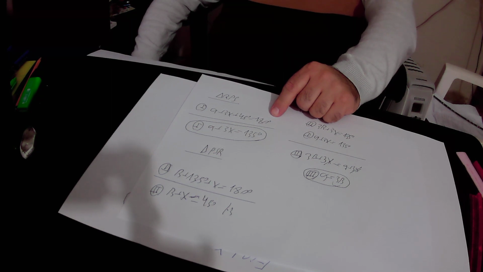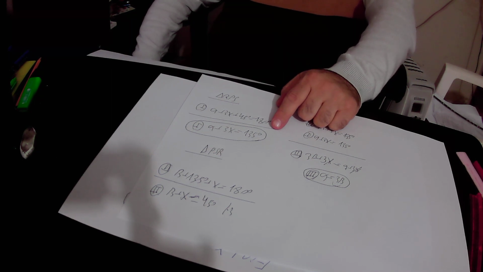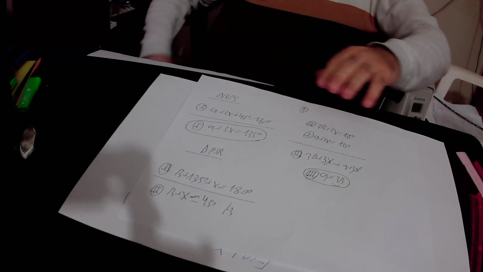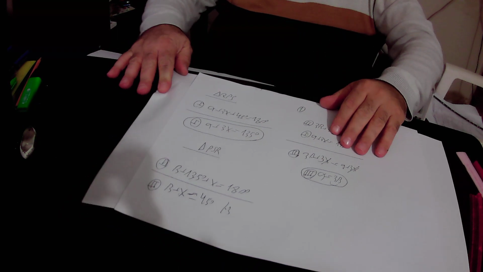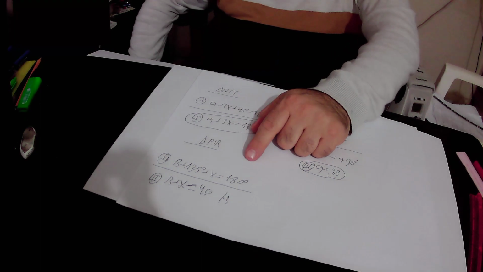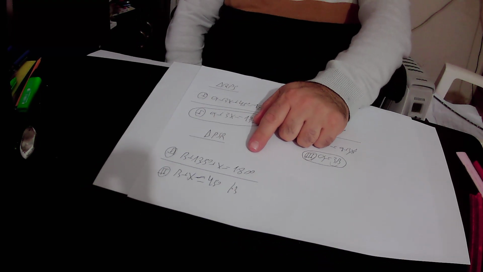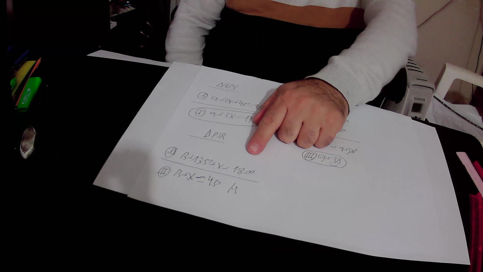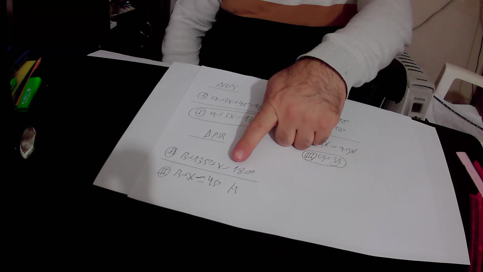We subtracted 45 degrees from this equation, and we got that alpha plus 3x equals 135 degrees. In triangle PSR, the sum of the angles must be equal to 180 degrees. That is to say, beta plus 135 degrees plus x equals 180 degrees. We subtracted 135 degrees from this equation, equation number 2, and we got that beta plus x equals 45 degrees.